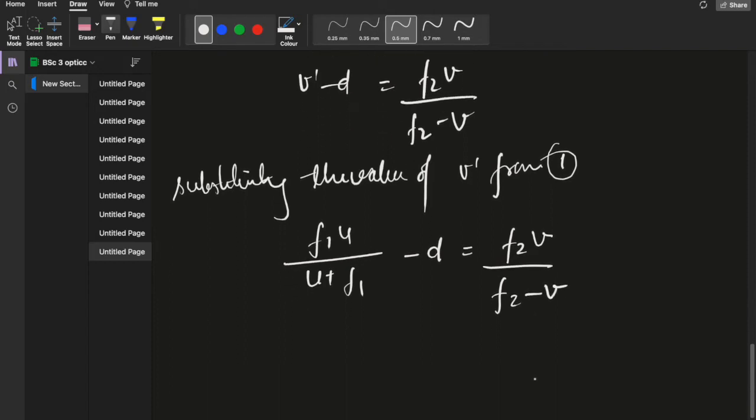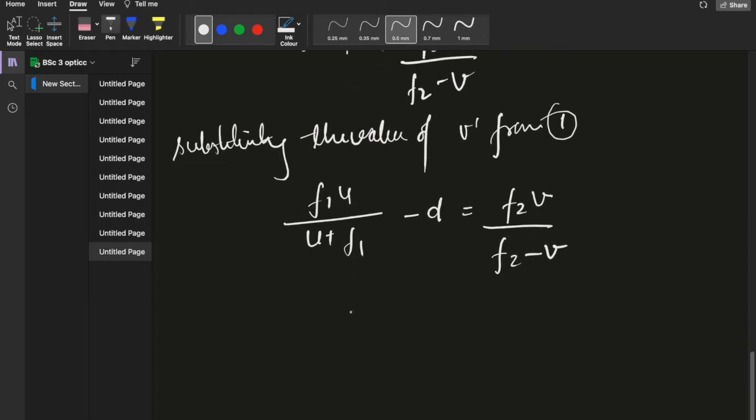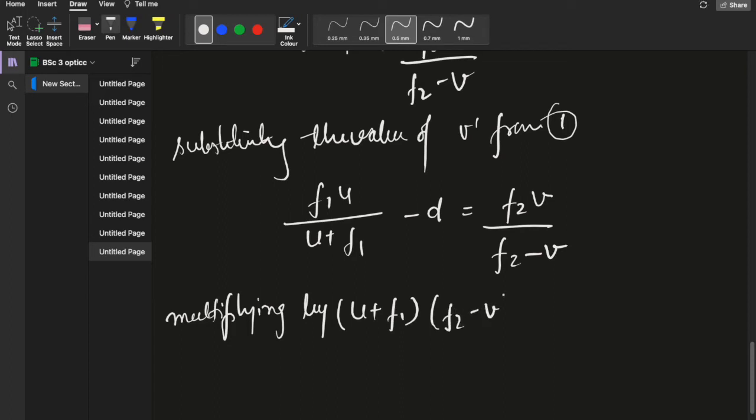Alright, in this equation, to simplify this, we can take the LCM or cross multiply. If we need to simplify this equation, just multiply by U plus F1 and F2 minus V on both sides.